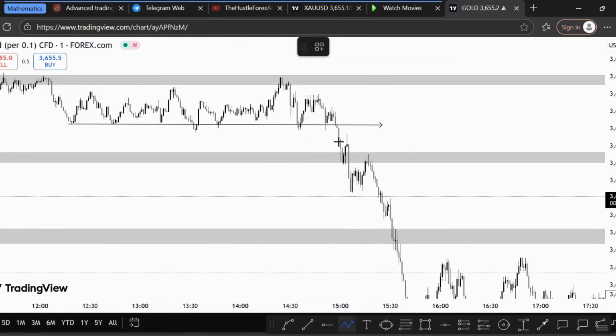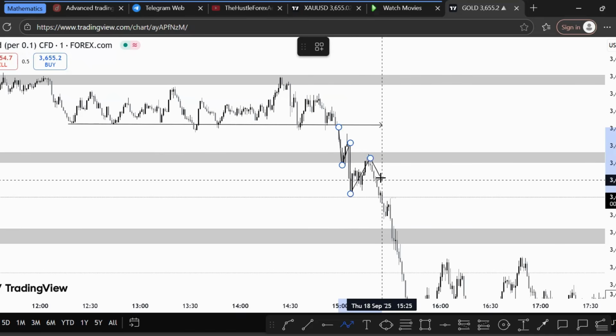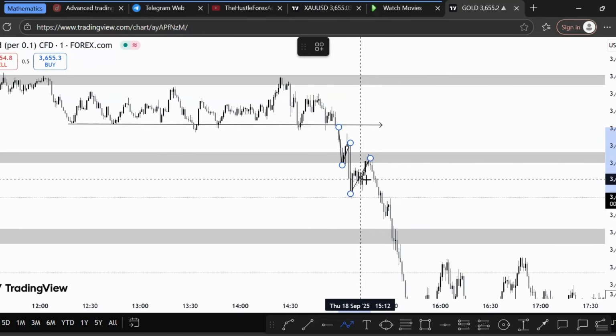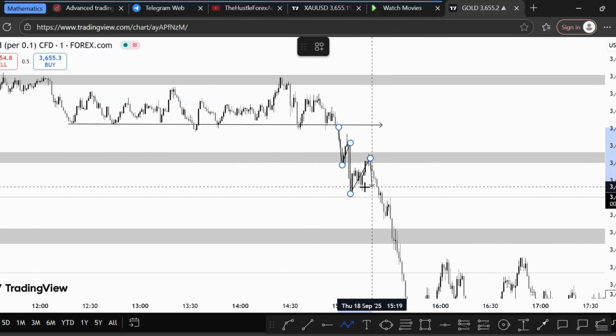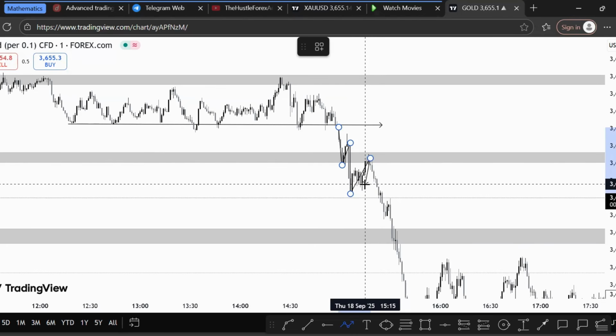It gave us a lower low, a lower high, and then a lower low. With this lower high, my entry would have come just here. You know why?